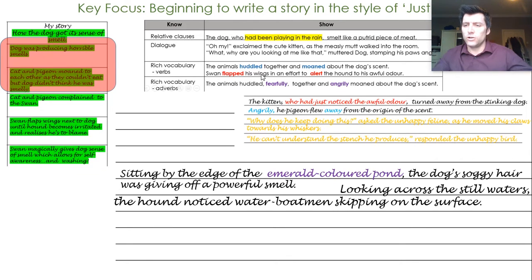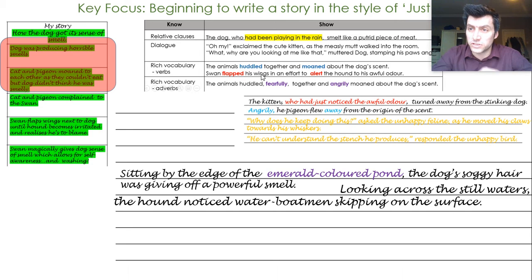Let's see what now. Looking across the still waters, the hound. Looking across again. So I now know what the dog's doing before anything else emerges. Before any of the other characters are involved, I know what the dog's doing. I also know that the waters where the dog is viewing things are not choppy. It's a still pond, and therefore I can conjure in my head a bit more about what's going on there.